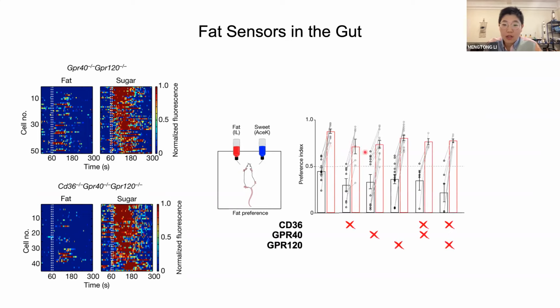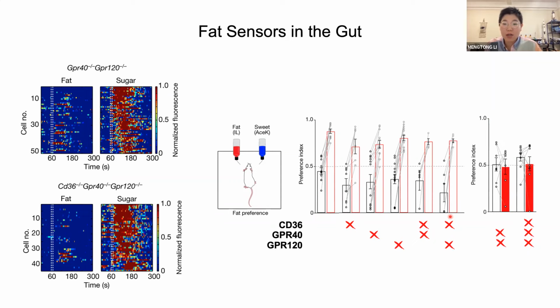The CD36, GPR40, GPR120 single mutants, as well as the CD36 GPR40 and CD36 GPR120 double mutants, were the same as wild-type control mice. By contrast, the GPR40 and GPR120 double knockout and the triple knockout mice were no longer capable of developing a behavioral preference for fat.